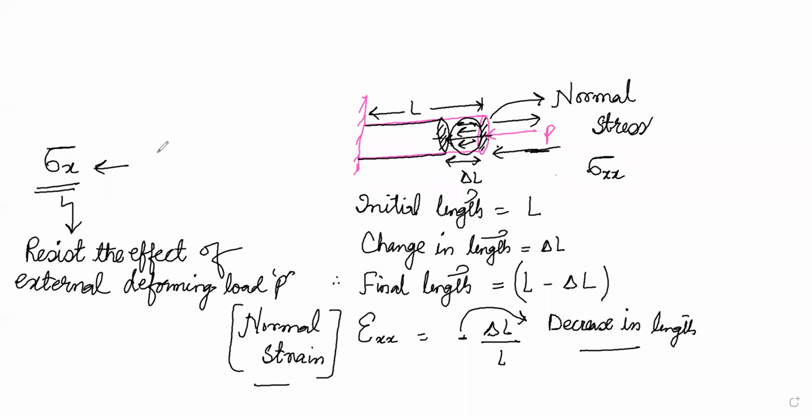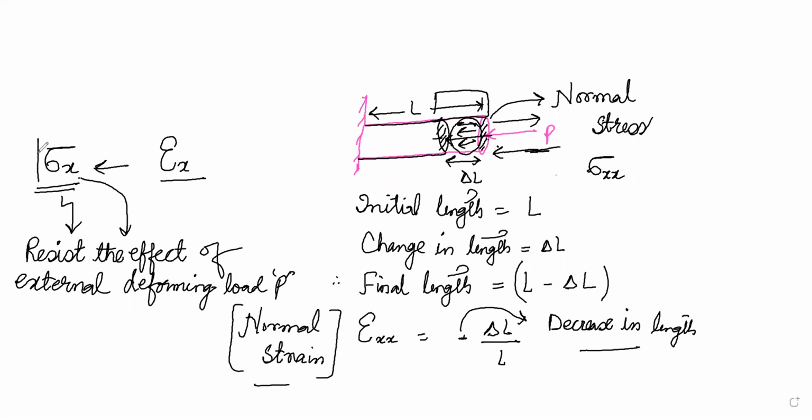Now, when there is a stress in the machine element, this stress is created in response to the external deforming load, and this external deforming load is also responsible for creating a change in the geometry or dimensions of the machine element. That is, stress is responsible for creating strains in the machine element.